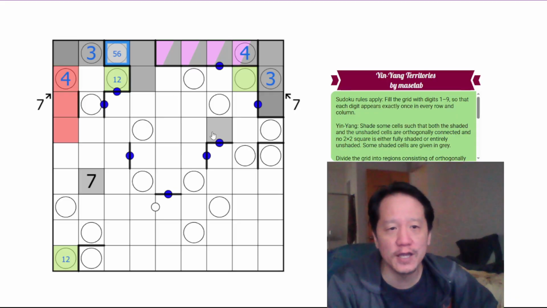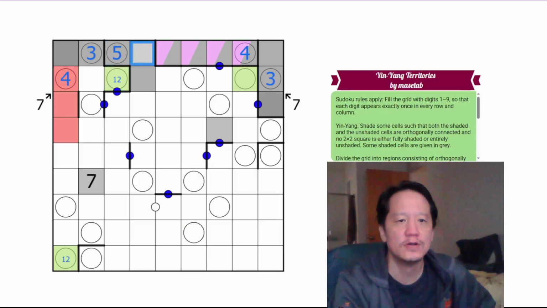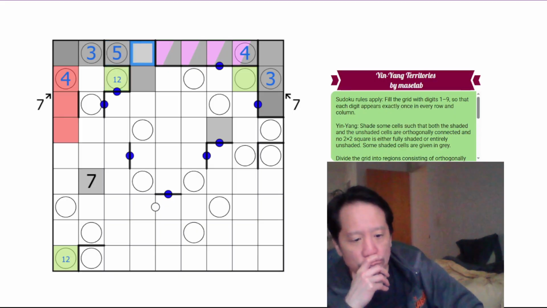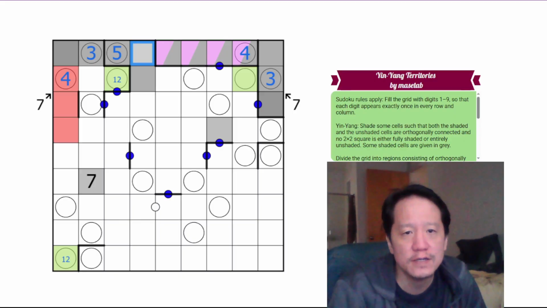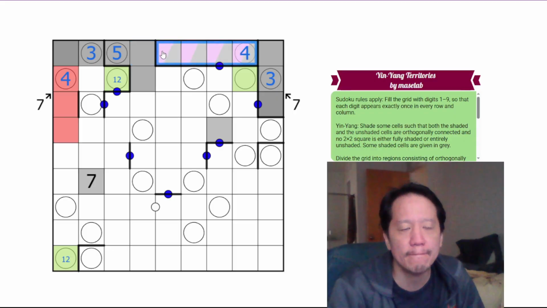So therefore, they can't add up to the same sum, so therefore this must be a 5. So 5 adds up to at least 15. This is 3, so this must be all the same shading and is a region. So then this is done.